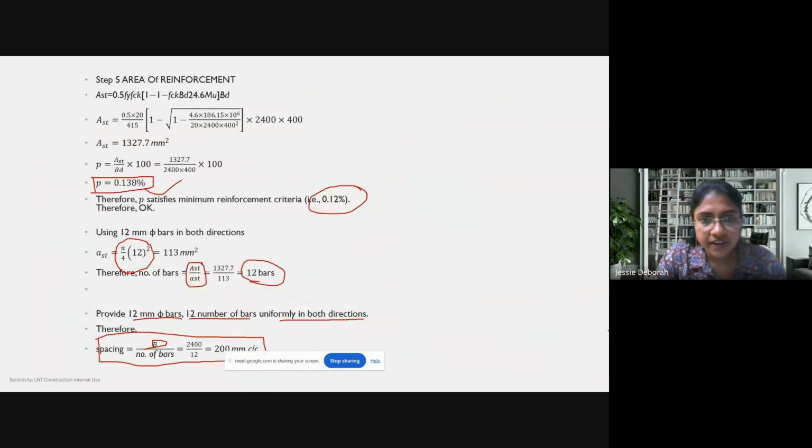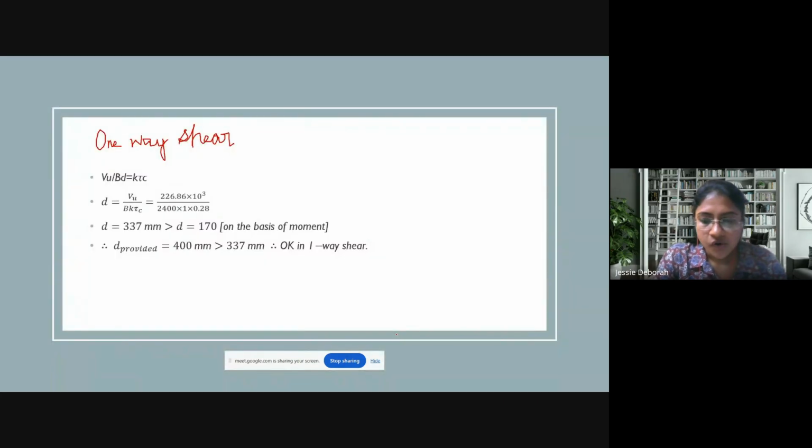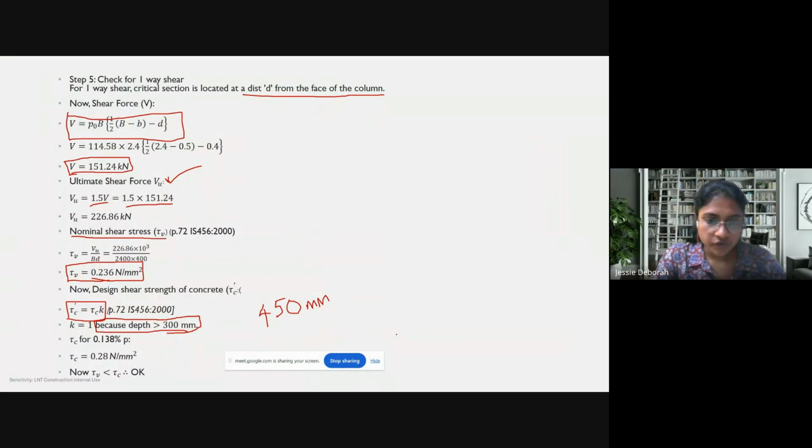We have calculated 400 plus 50, so that is 450. Now tau c for 0.138 percent of steel will be 0.28.